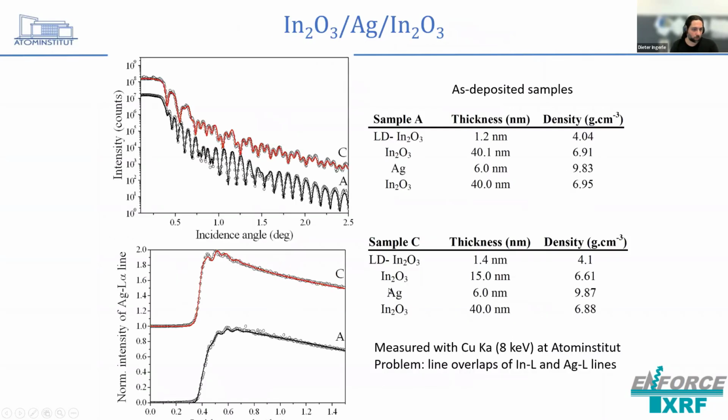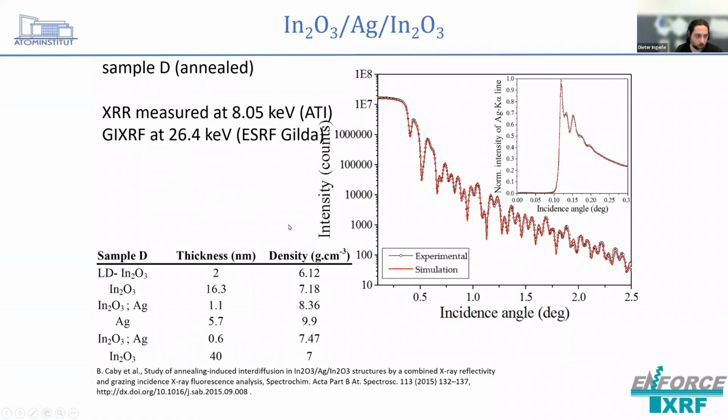First we measured them here in Vienna with our copper tube, and as you can see, the curve fits look relatively good. This was just the as-deposited sample, without annealing. But there was some uncertainty because of overlaps between the indium L and silver L lines, so we then also went to the synchrotron.